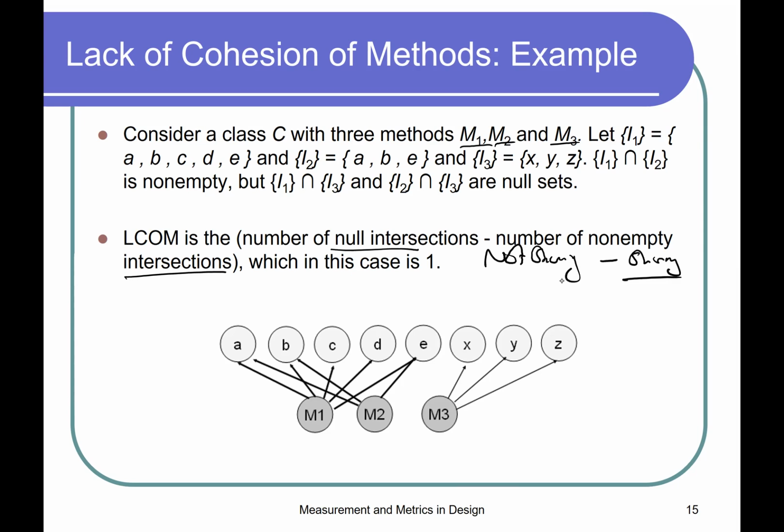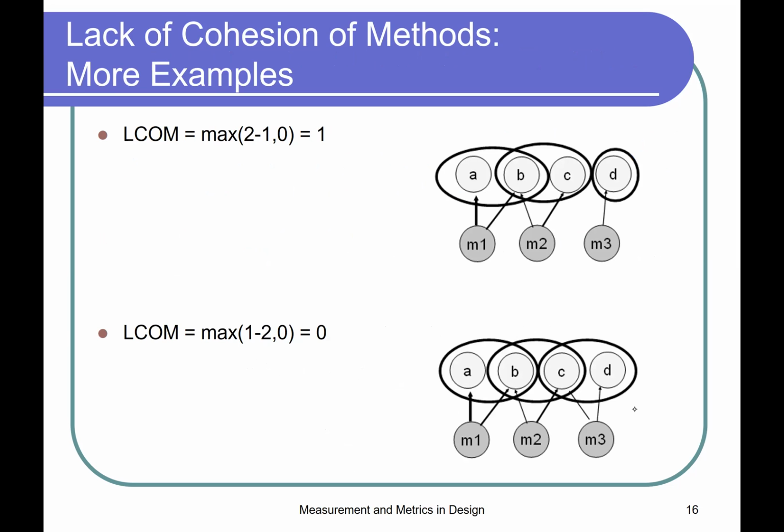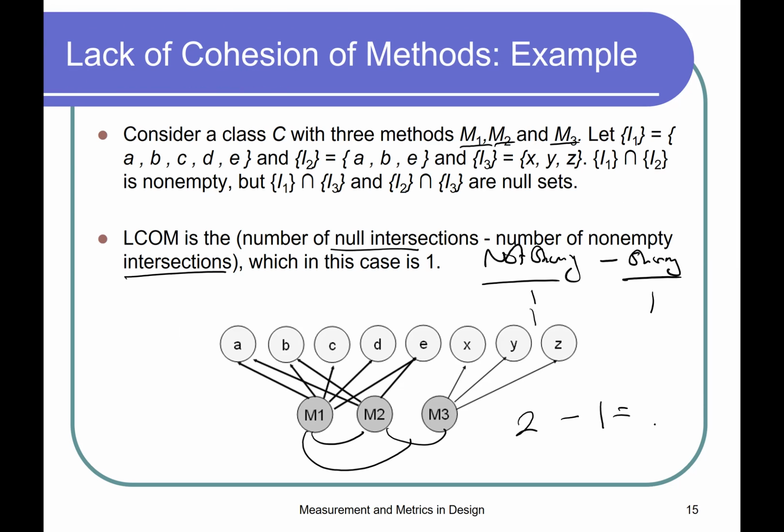We have to take each different combination. M1 and M2, they're sharing, I put down 1 over here. M1 and M3 not sharing, put down 1 over here. M2 and M3 not sharing, I put down 1 over here. So it's 2 minus 1. That gives me an LCOM of 1.